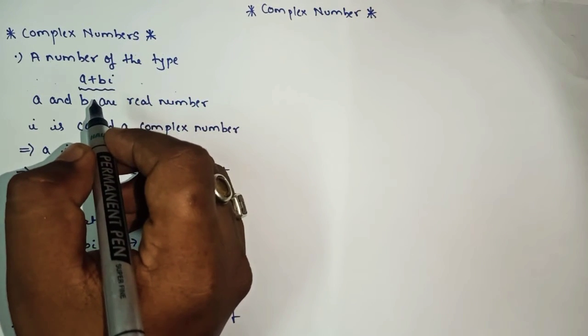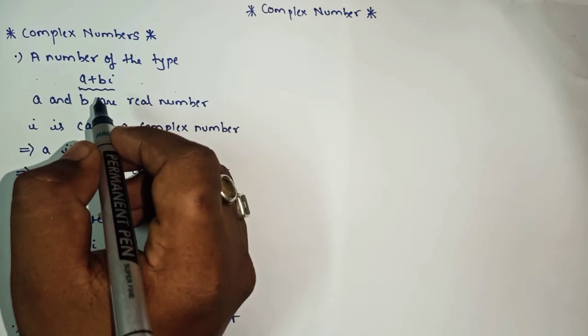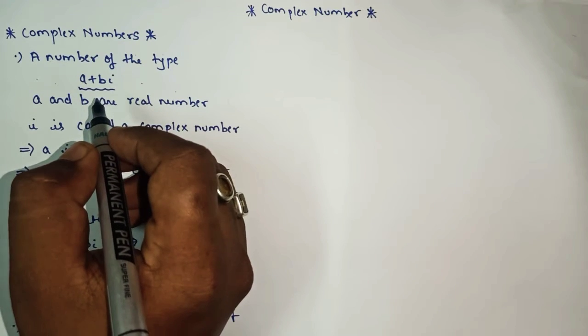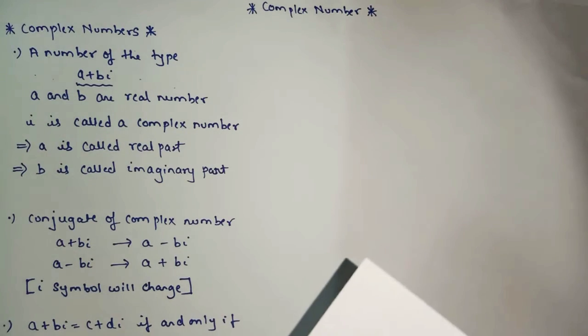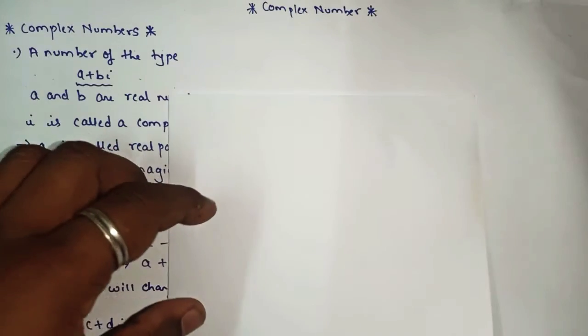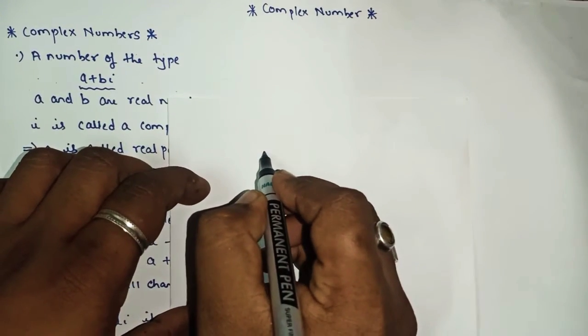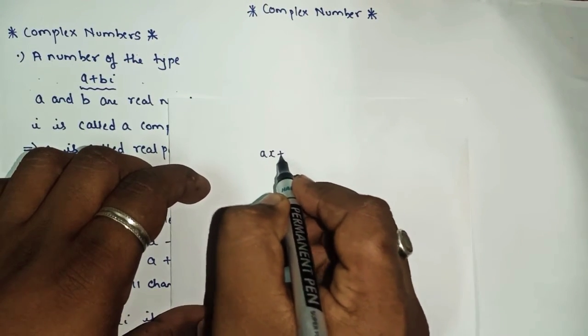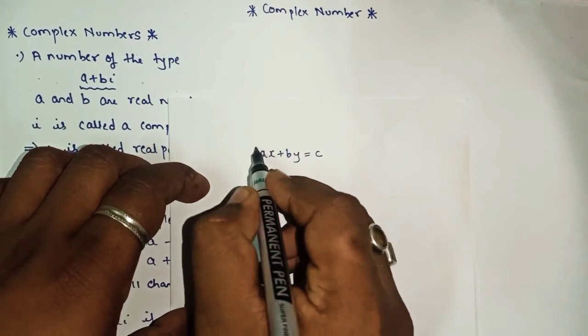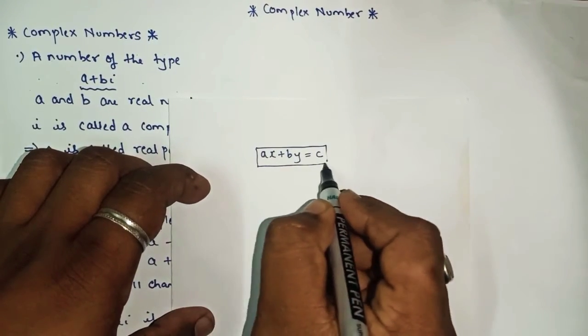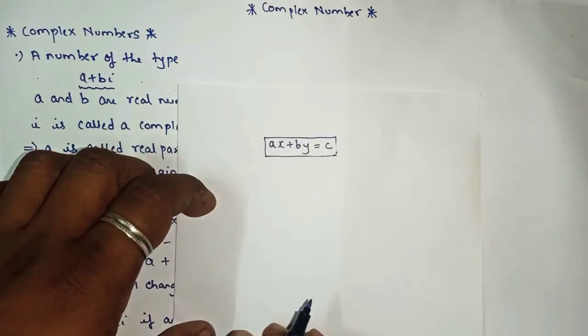Now listen here, each and every chapter has its own format. Suppose the name of the chapter is linear equation in two variables. It will have its own format, that is ax plus by equals c. Suppose the chapter name is quadratic equation.